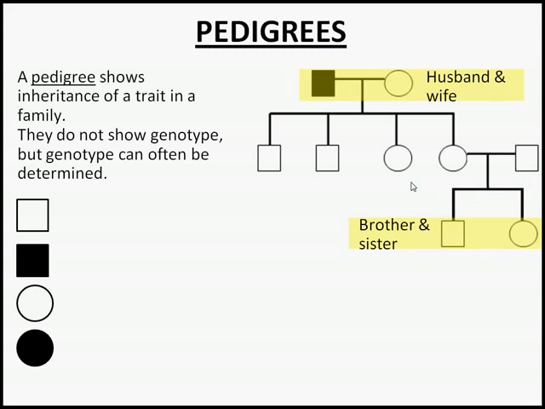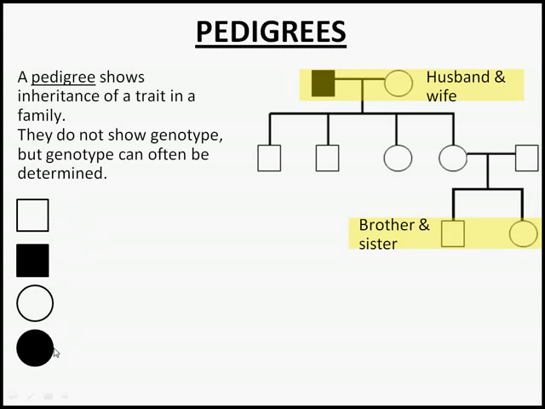The symbols themselves are pretty simple. The squares are for males and the circles are for females. And for both cases, when they are empty, not shaded in, that represents an individual that does not have the trait in the pedigree, and that trait could be basically anything.